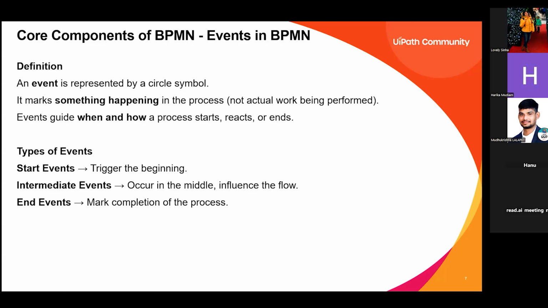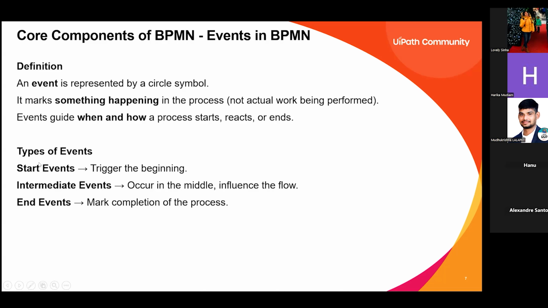Events don't represent efforts or tasks. Instead, they signal something occurring. Let's say you have carried out some task; after that, there should be something happening, right? These are the events. Let's say a process will start with an email trigger. That will be an event.